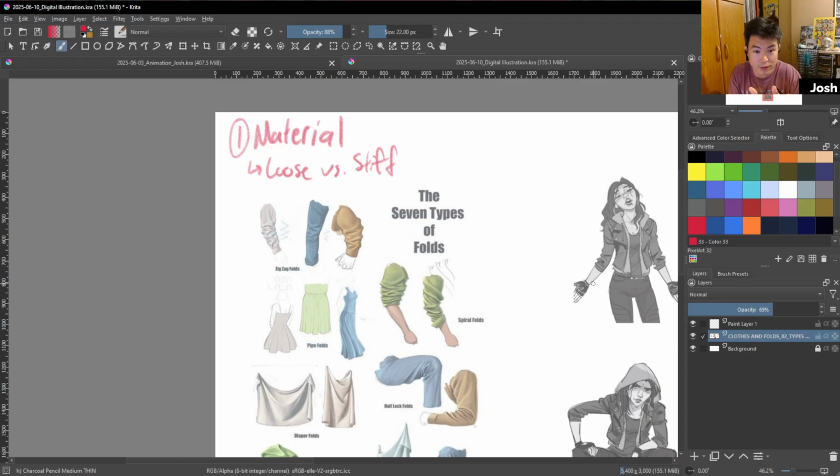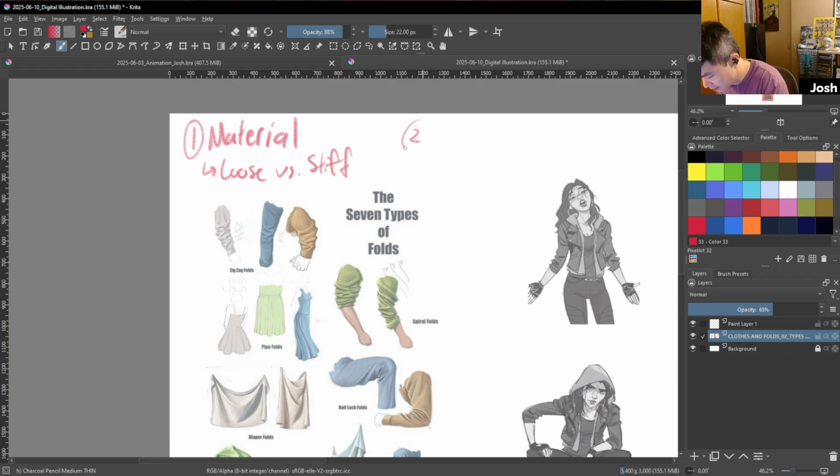The folds will be thinner and they'll drape across the body in a more form fitting way, depending on also how tight the material is. But the thing to remember is that the looser the material, the thinner and sharper the folds are, and they'll also sit along the body and match the form of the body that it's hanging on top of.